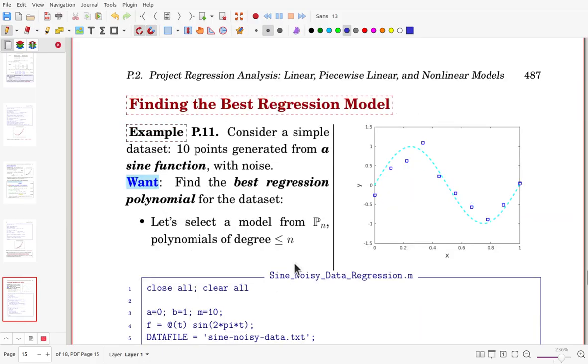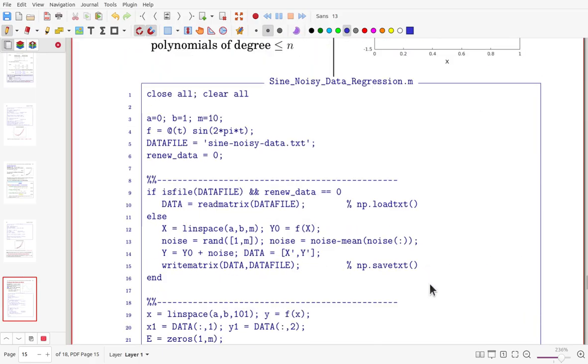Here, I implemented this program in MathTalent. The beginning point is 0, the end point is 1, and there are m points for this sine curve. There is a function, and the data file name is this one.